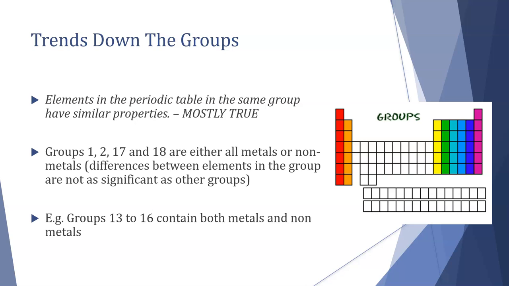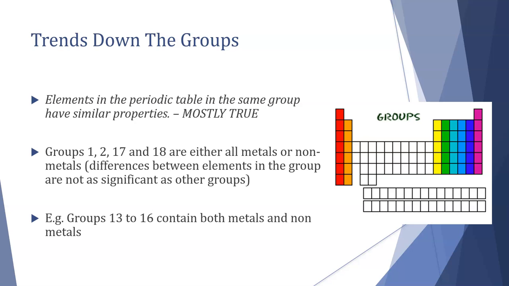So, as we said, the idea that these trends repeat every period, or have periodicity, is a result of the electron configuration. And because elements in the same group have similar properties, this is mostly true, though there is some variation in our non-metal groups. This is because of a similar valence shell configuration.